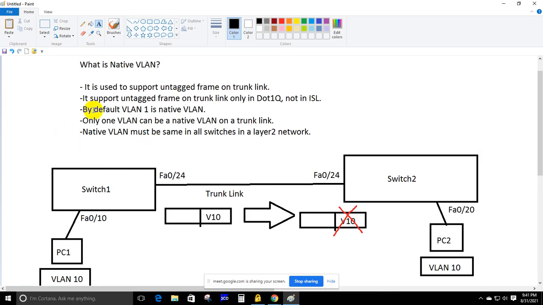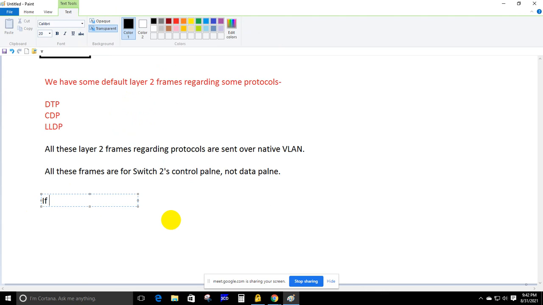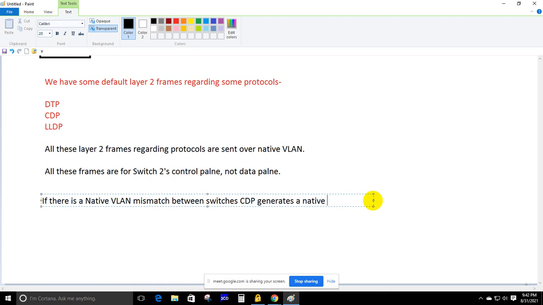Note another point here. If there is a native VLAN mismatch between switches, CDP generates a native VLAN mismatch message.